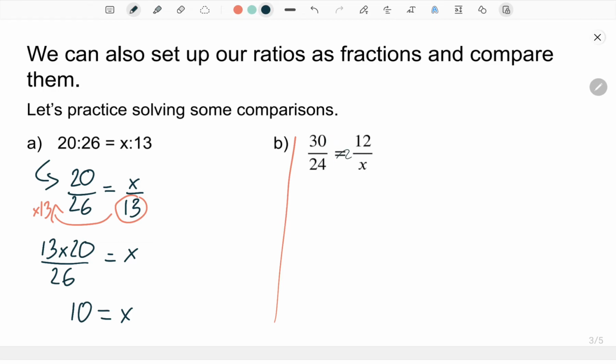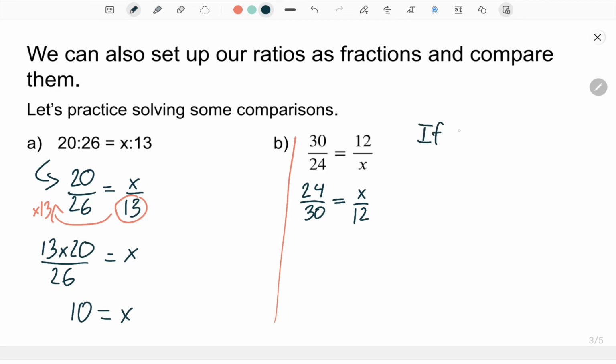So 30 over 24 equals 12 over x, or like a 30 to 24 ratio equal to a 12 to x ratio. So if we want to solve this, we have x on the bottom. If we have two fractions equal to each other like this, one thing that we can always do is we can flip the fractions. So I'll just write that to the side.